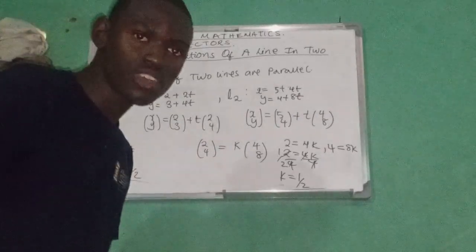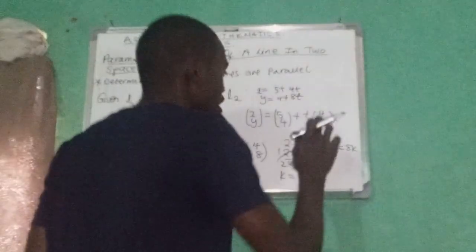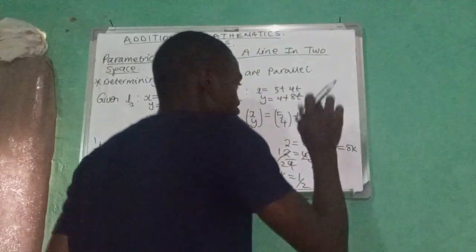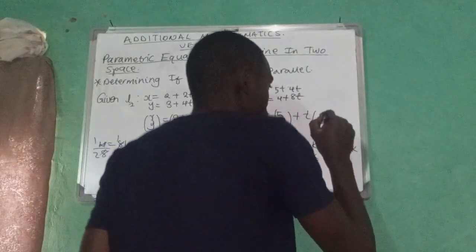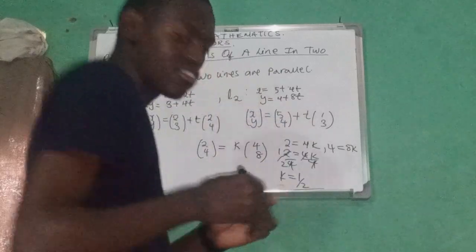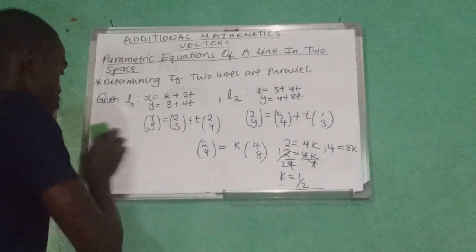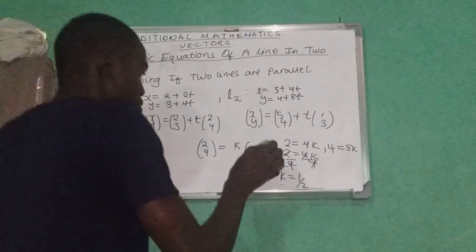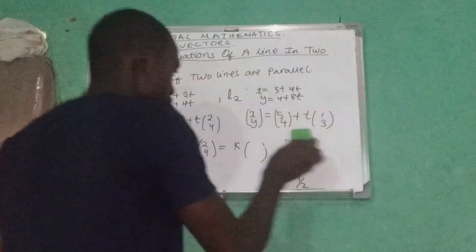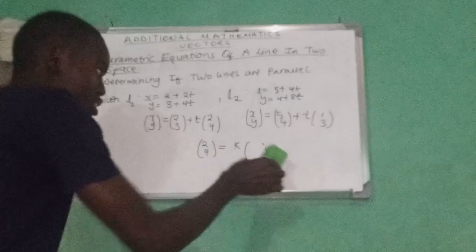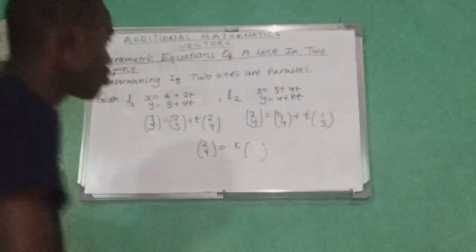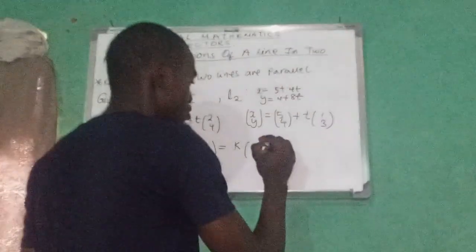So if we had the direction vector, for example, let's say (1, 3), it means that if we were to erase what we have done and substitute it with (1, 3), this is the new parametric equation.